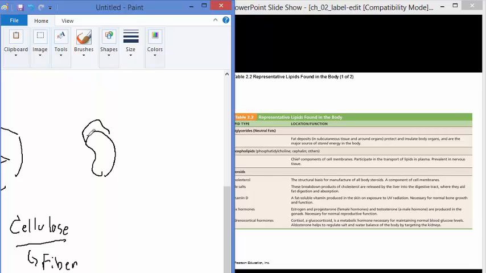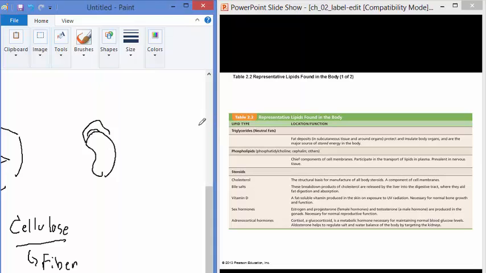It's like a Tootsie Roll pop: the outside is that hard candy, the inner part is the Tootsie Roll. So the outer part of your adrenal gland is called the adrenal cortex, and you have hormones released from your adrenal cortex which are produced from lipids.